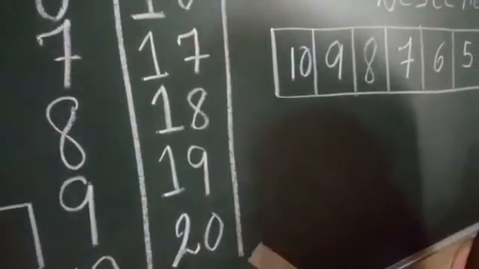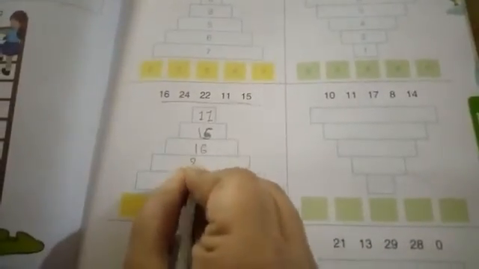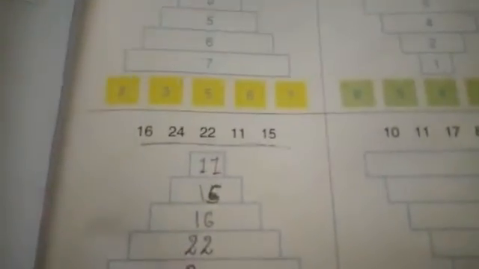No. 20? No. 21? No. 22 is there. Write down 22. Then after 22, 23 is there? No. 24 is there. Yes children, like this. Finish.